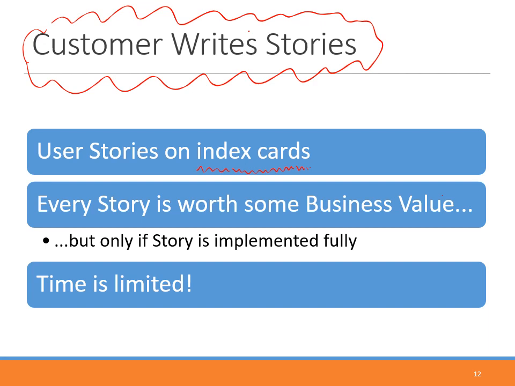And remember, each story is worth some business value that we define, right? In the example card, it is defined by the importance, okay? But it's the same, it's the business value.